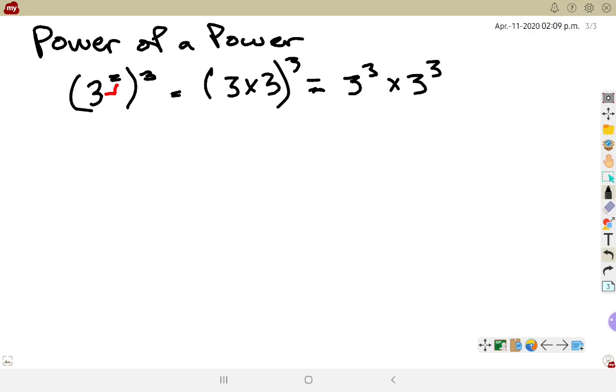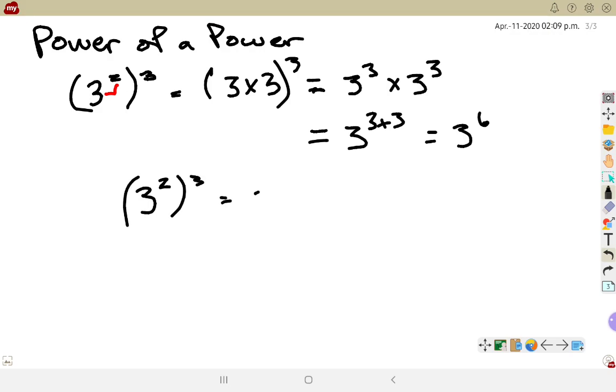And then our very first rule that we learned, the product law, says that since these bases are the same, I can add those 2 exponents together, giving me 3 with an exponent of 6. Well, 3 with an exponent of 6, if you look, here's what we had. We had 2 as our first exponent, and 3 is the second one. It's really like multiplying the 2 and the 3 together.